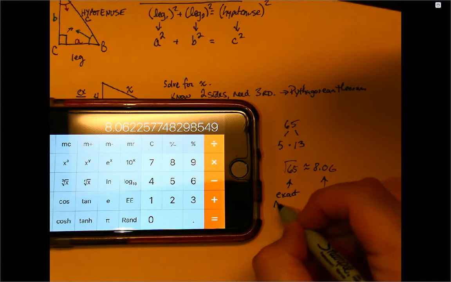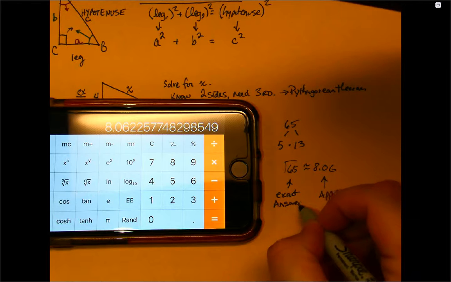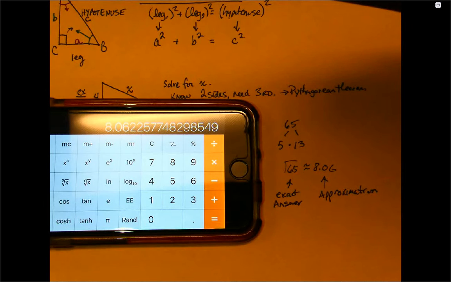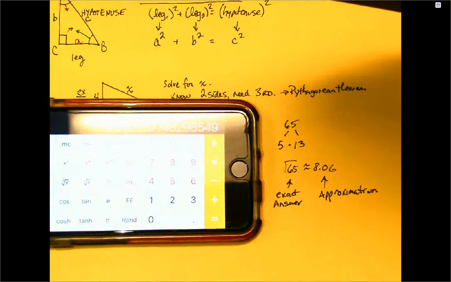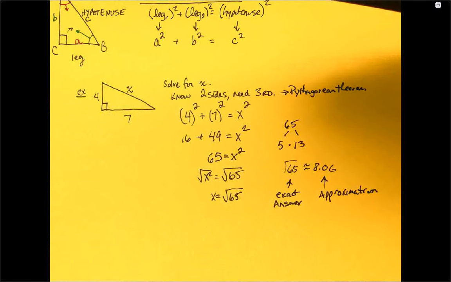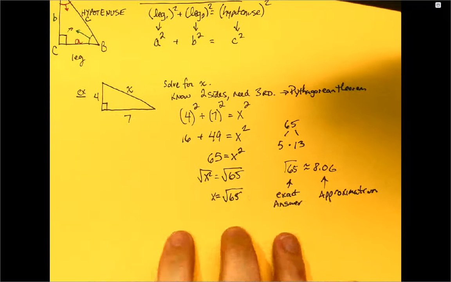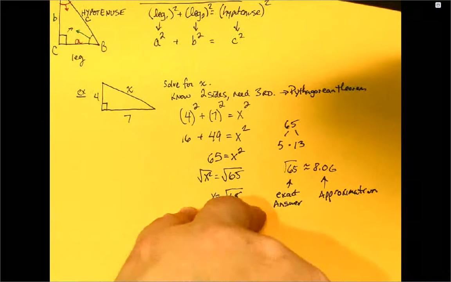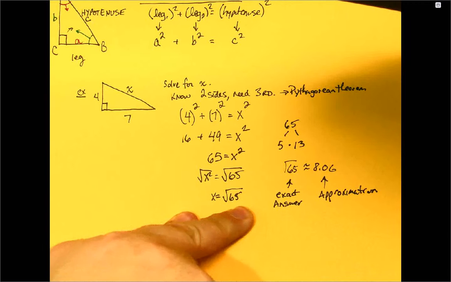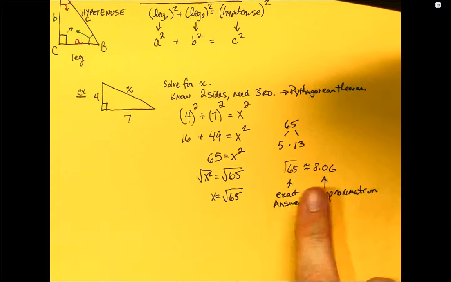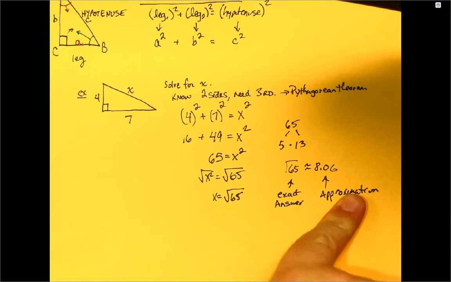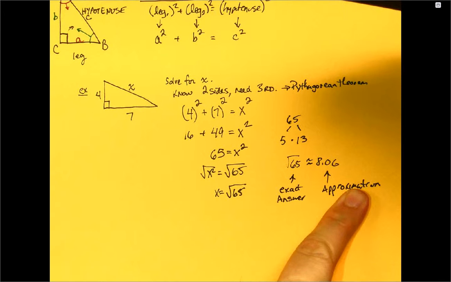And what you want to do is keep your answers exact. So you don't want to get stuck into the whole approximating thing. Besides, if this is just one part of a problem, you want to keep this and use the square root of 65. You don't want to use 8.06 because, as you saw, this goes on forever and ever and ever. Well, if you only use 8.06 or 8.1, you're losing all those numbers. Your numbers are going to be off.